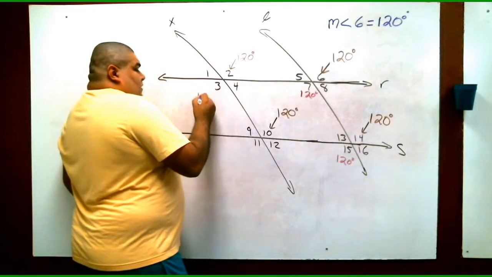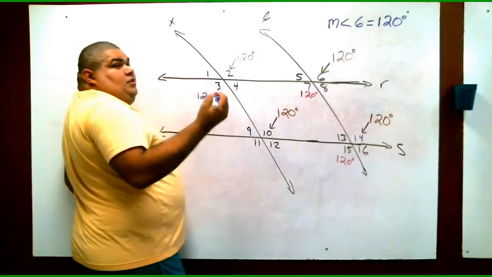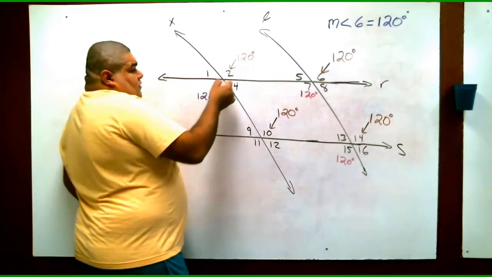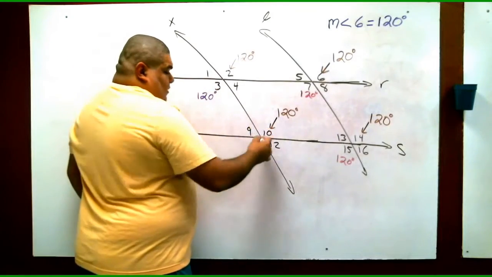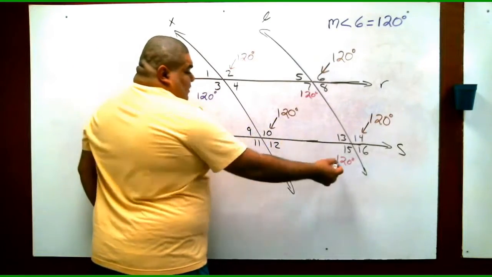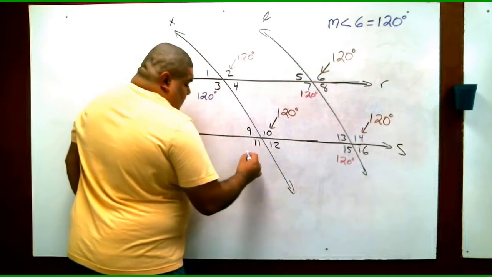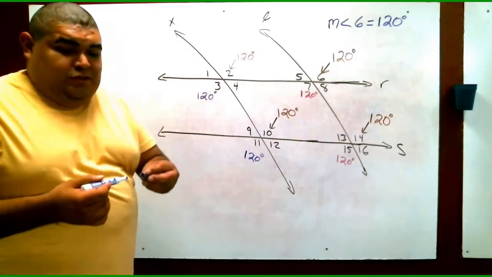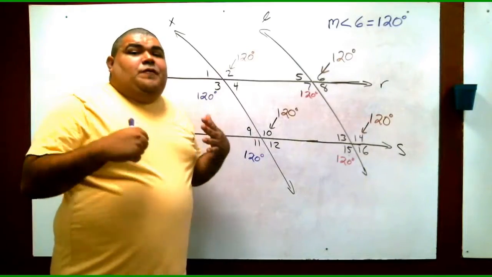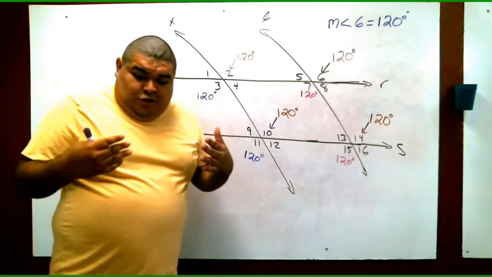We could also say, because they're adjacent angles, these two are the same. The same here, because they're adjacent or corresponding from 15 to 11. This is 120. Notice how it's all coming together. We have all the 120s.